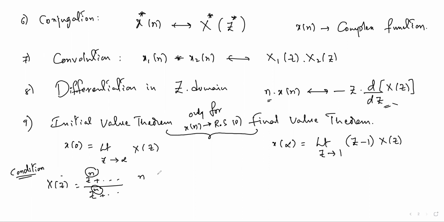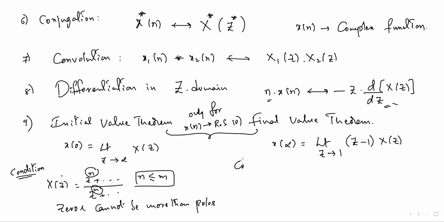N should not be greater than m, or n can be less than or equal to m. Means what? In numerators we get zeros. In denominators we get poles. So zeros cannot be more than poles to apply initial value theorem.